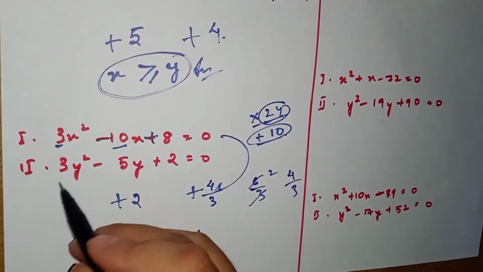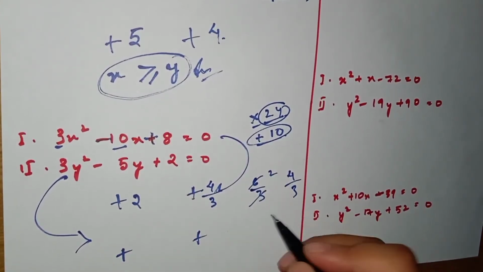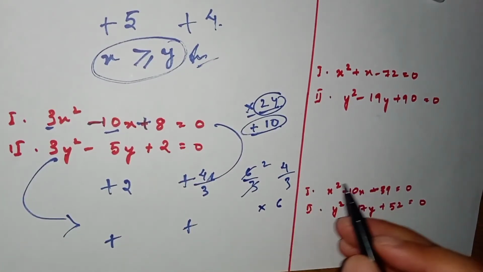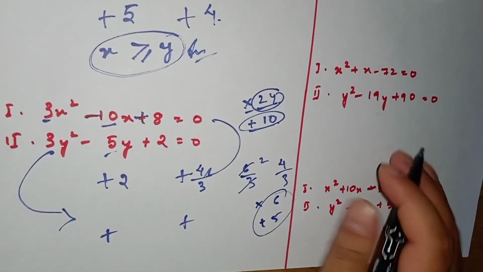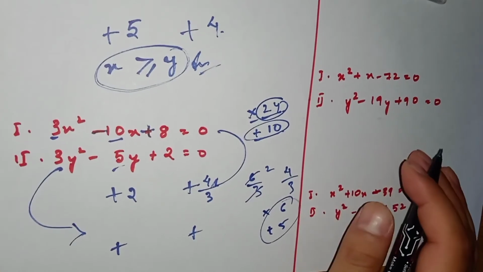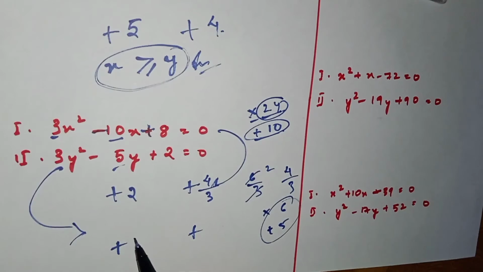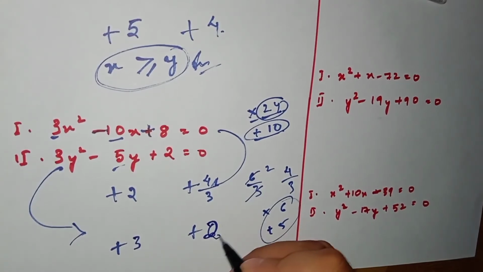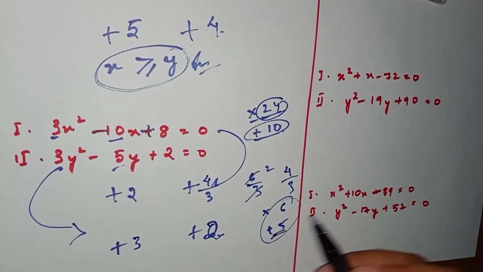And for this equation also, when we multiply 3 into 2, we get 6. So we have to find two numbers. When we multiply, we have to get 6, and when we add, we have to get 5. So the answer will be 3 and 2, because when we multiply 3 and 2, we get 6, and when we add, we get 5.